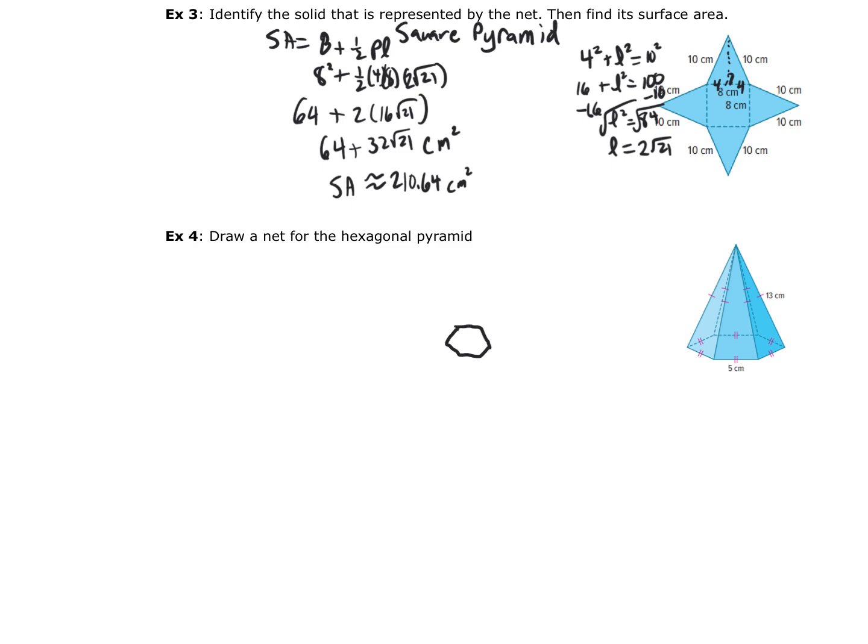I'm never going to judge you by your art skills. The hexagon has all 6 sides congruent, and they're all 5 centimeters. Next we have a triangle coming out of each face.